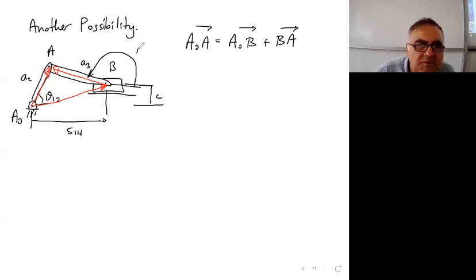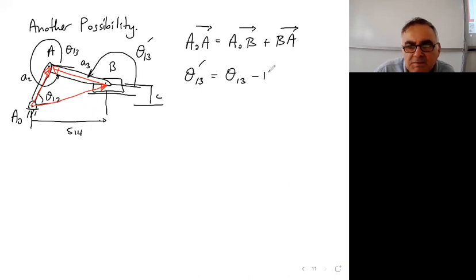It's not theta 1, 3, but let's call it theta 1, 3 prime, okay? And theta 1, 3 prime actually is simply this theta 1, 3, which we have defined here. As you might remember, this was theta 1, 3, minus the angle pi, 180 degrees less, okay?